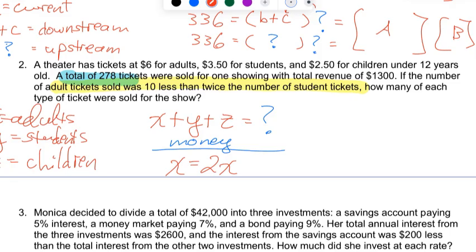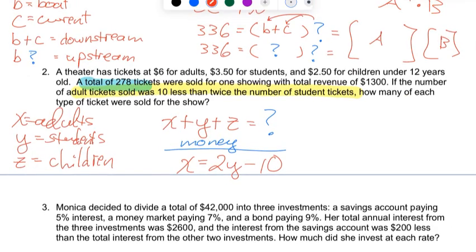Well, kids, that's going to be a subtraction problem. So I can subtract 10. Oops, I have a little mistake. Sorry about that. It was twice the student tickets. So it's going to be 2Y minus 10.